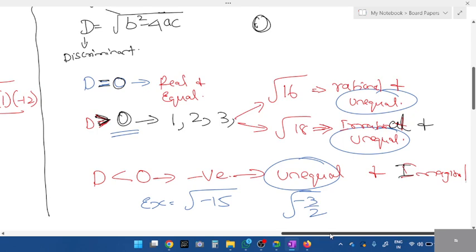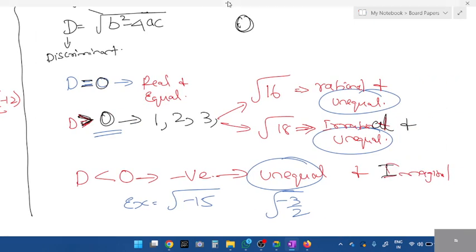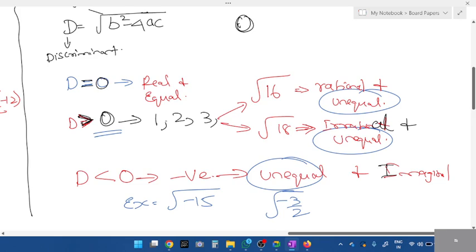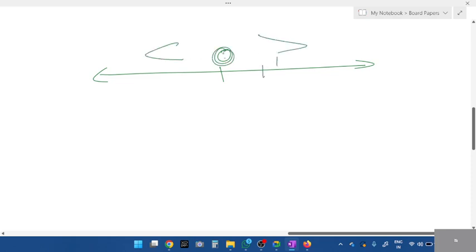Yes, students, done, completed. 3 points: equal to, less than 0. Right? So even here, you can just imagine a number line, same like number line, 0, 1, all these are greater, less than. Anything which is equal to 0, we call it as equal.